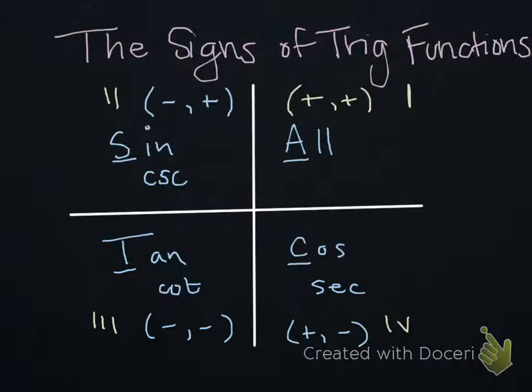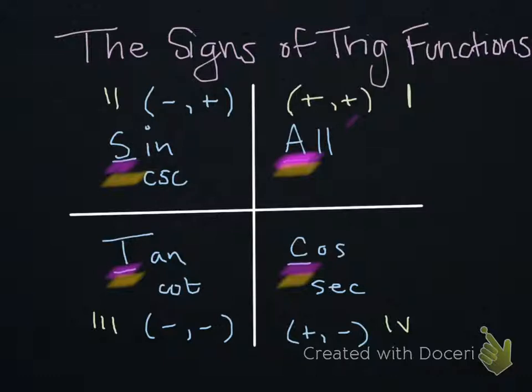So I'm going to tell you the mnemonic that I use to remember this. You can take it or leave it or come up with your own. The one that I learned was All Students Take Calc. The one that's in the textbook that you have this year is A Smart Trig Class.